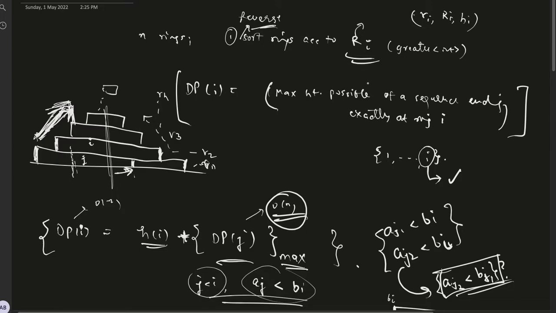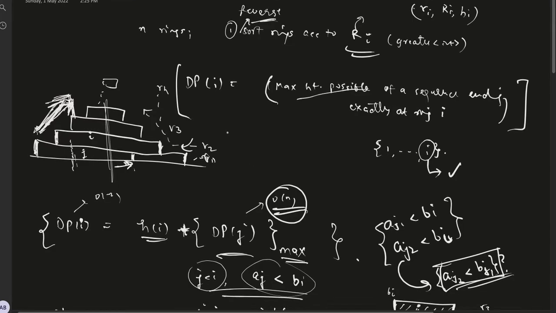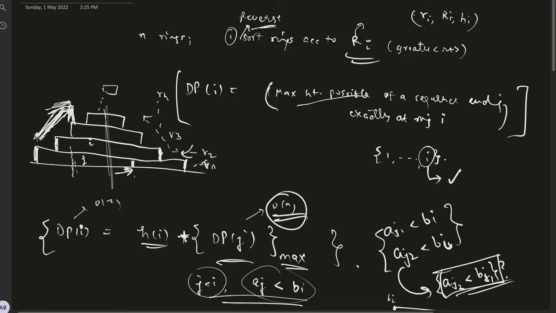We want to reverse sort, and let's define DP as the maximum height possible of a sequence ending exactly at ring I. So the transition for this DP is DP of I is equal to height of I plus the maximum of DP of J, where J is all the indices less than I, such that the inner radius of J is less than the outer radius of I.